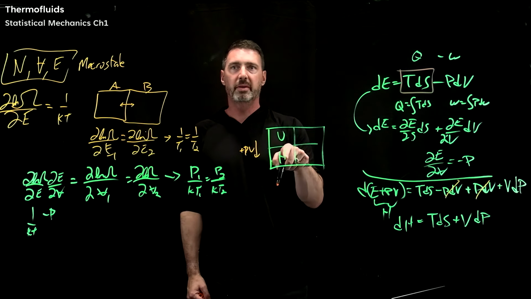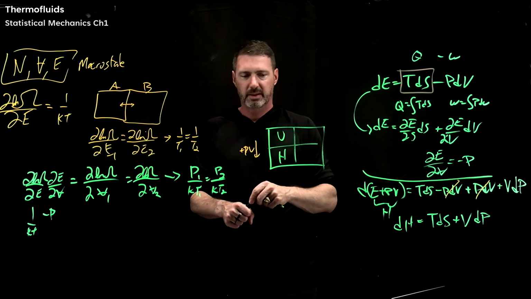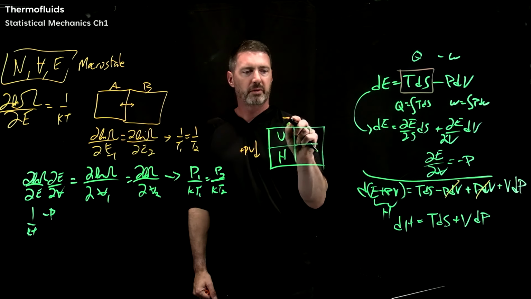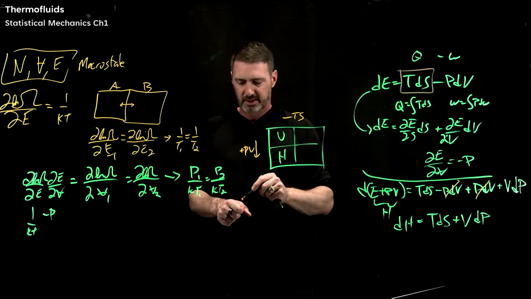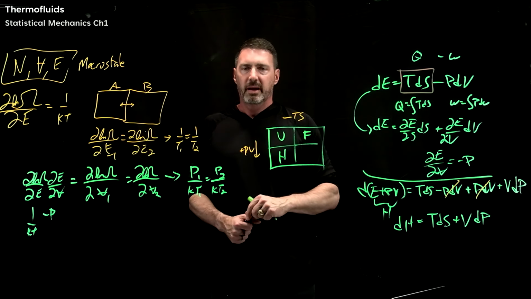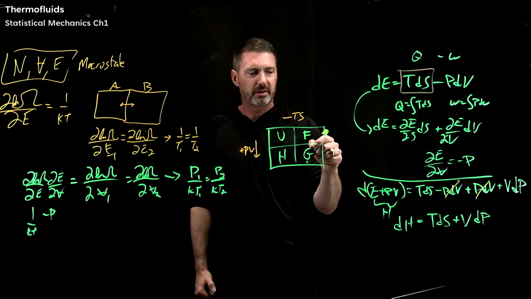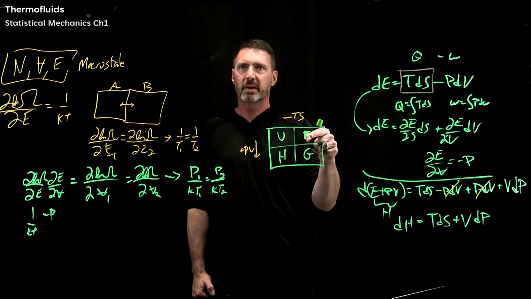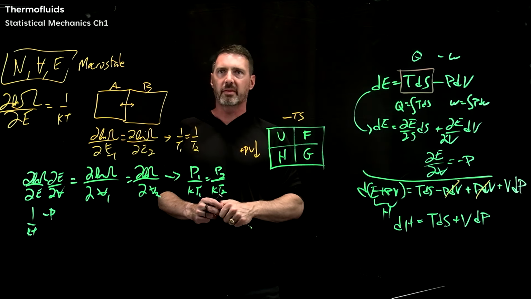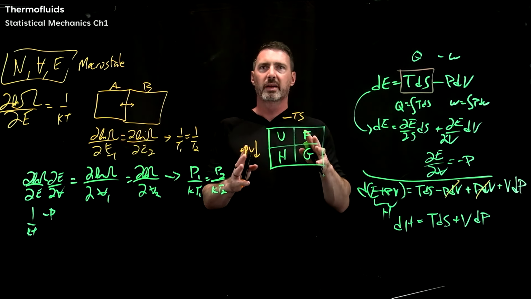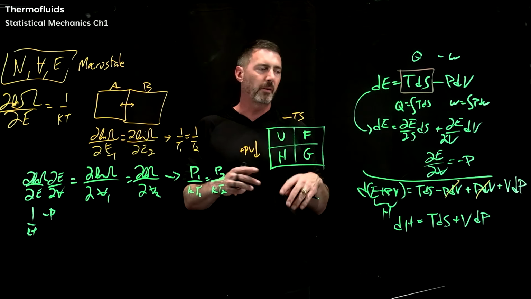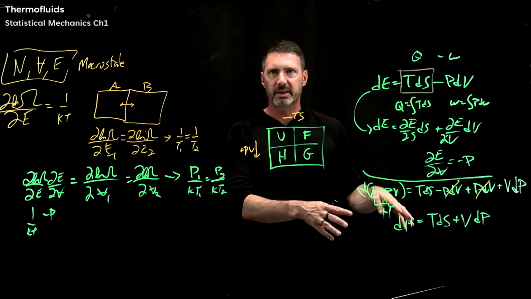So it's U plus PV is equal to H. And then we'll actually see that going this direction, we'll subtract a TS, and we're going to get F and G. So this is free energy, Gibbs free energy, and Helmholtz. So we'll come back to that, and we'll see some examples of that probably in the future. But ultimately we're free to do these Legendre transformations to make our lives easy.